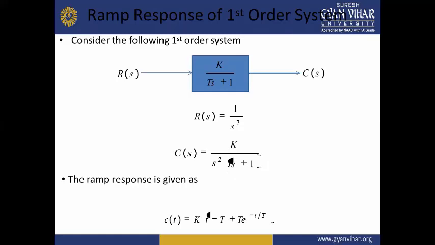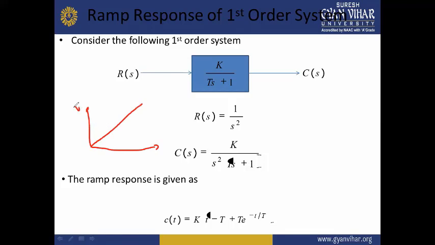Now, after the implementation and analysis of the step response and impulse response of the first order system, let's discuss the ramp response for a first order system. A ramp function is one in which your function increases consistently, like this.